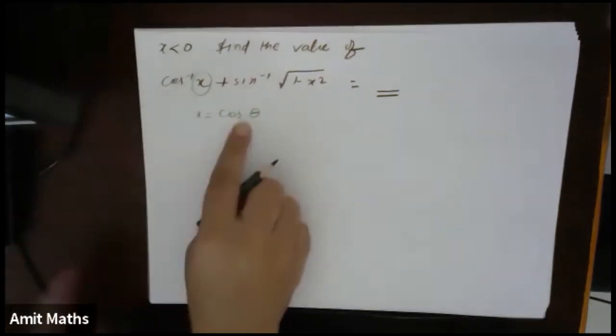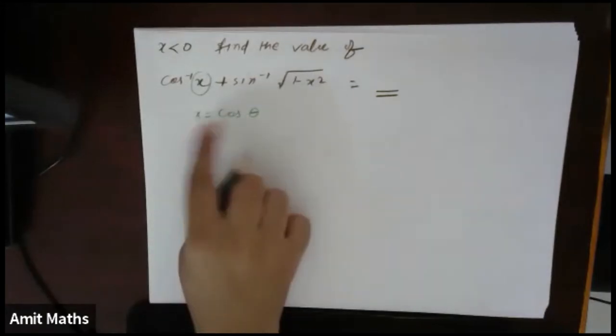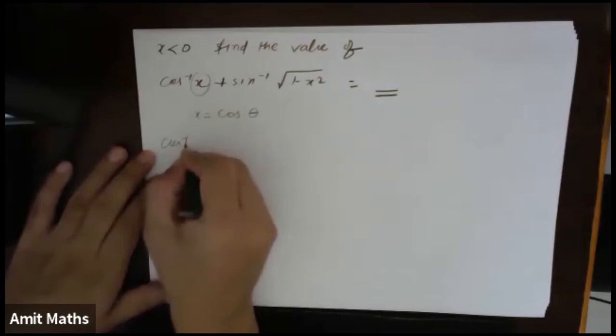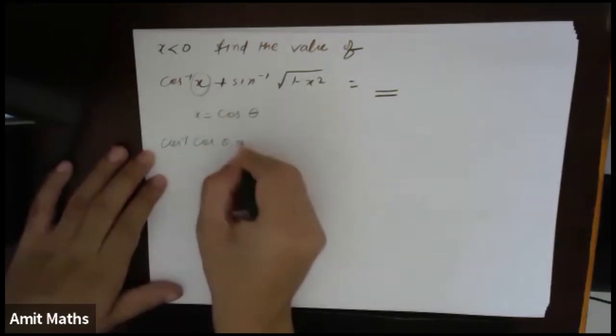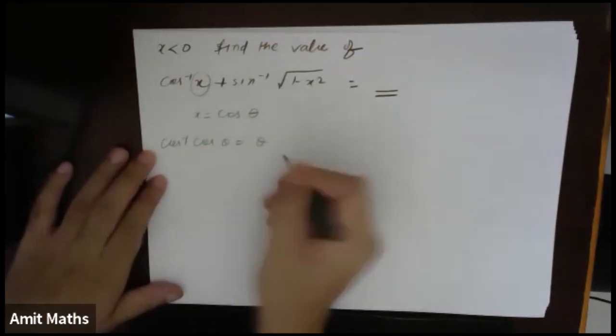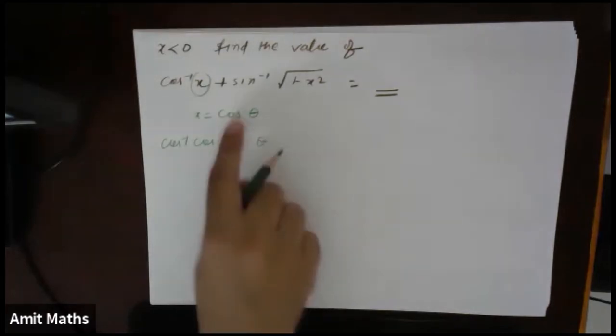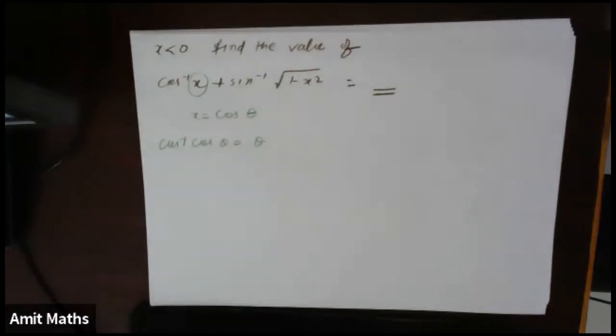So why am I converting this in the form of x is equals to cos theta? So that this directly gets converted into cos inverse of cos theta. So this will directly get converted into theta. So first thing is that I will try to write x in terms of cos theta.